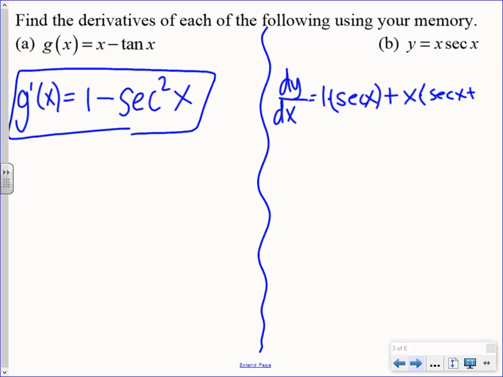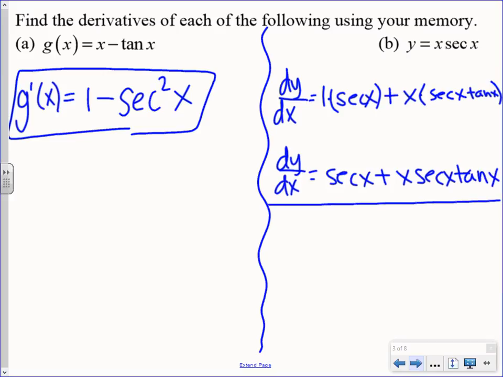Secant x tangent x. Okay, so our derivative is simply secant x plus x secant x tangent x. Done. Any questions?